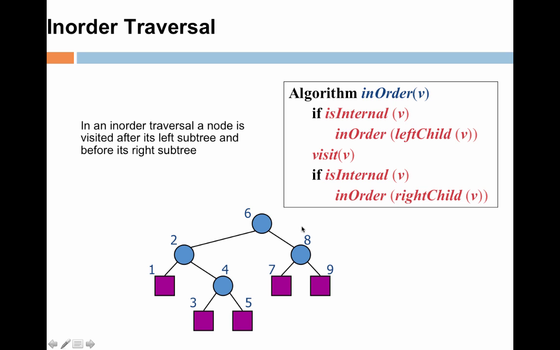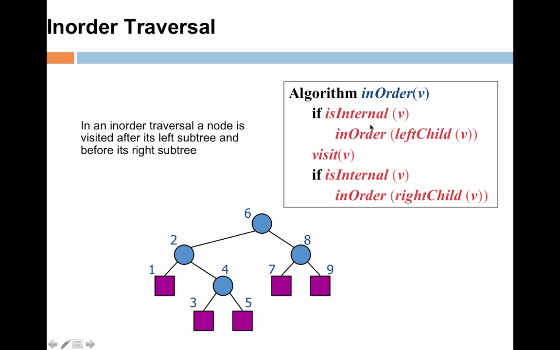So let us just look at the code for the in-order traversal, and this is what will be more or less implemented in the C program. The numbering associated with the nodes in the tree tells you the order in which they are printed out by the in-order traversal. So what is the rule for the in-order traversal? You start at the root, you traverse the left subtree first, then you mark this as visited, then you traverse the right subtree.